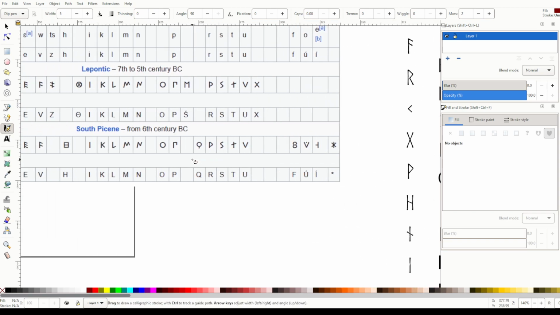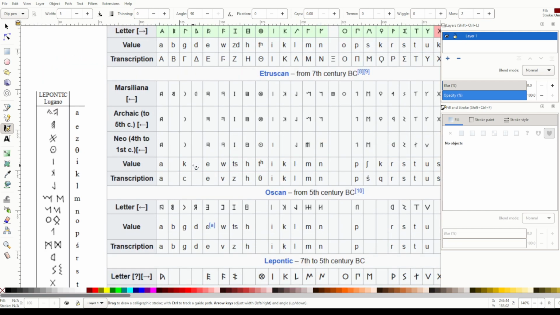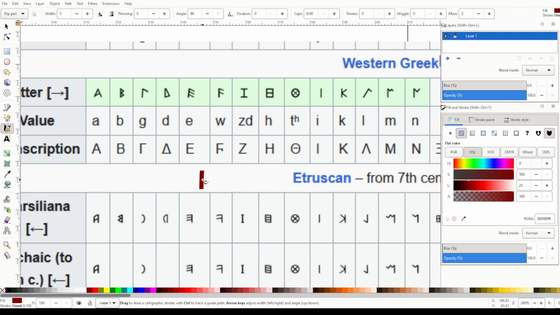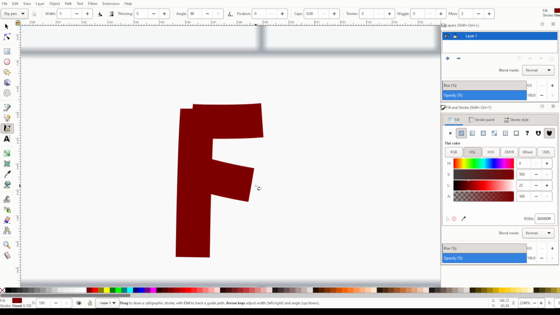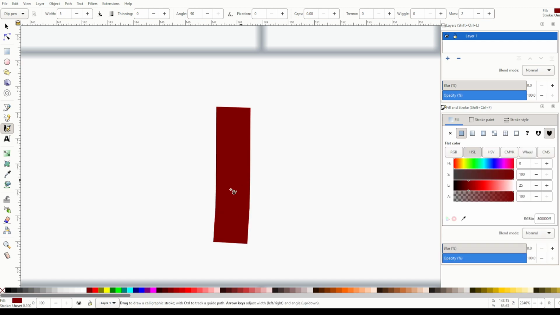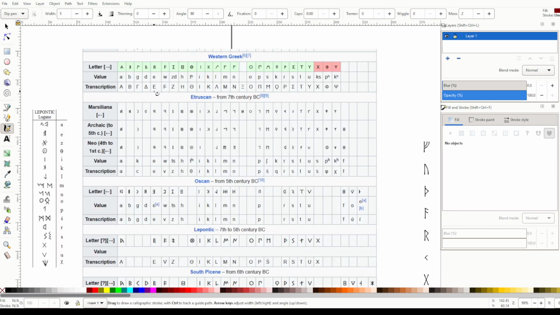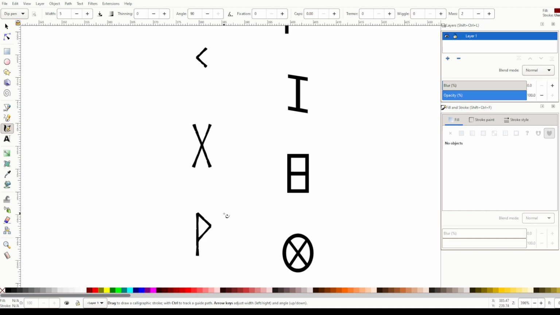So where do you get this w? Well, to me it looks a lot like this one, but instead of being like this, it just closes it. So maybe one script uses that letter for the f sound and it looks like an F, and another uses it for the w sound and maybe it looks more like this.